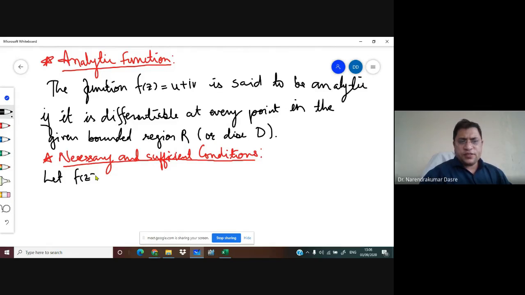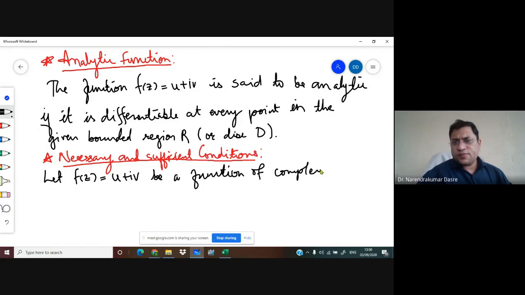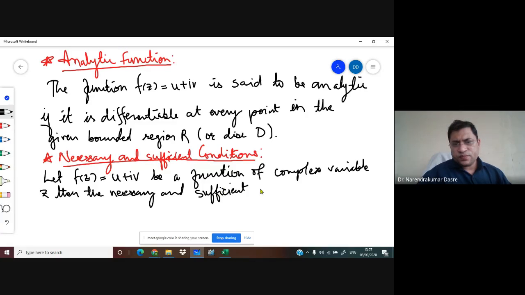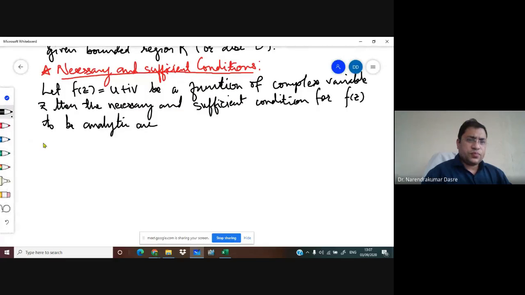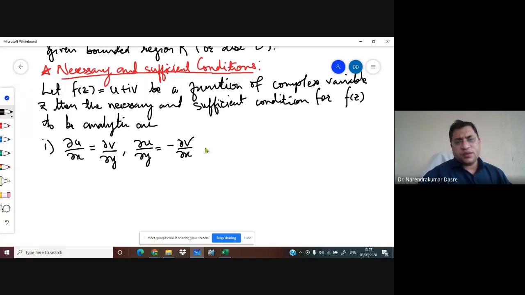Let f of z is equal to u plus iv be a function of complex variable z, then the necessary and sufficient conditions for f of z to be analytic are, the first condition, ∂u/∂x is equal to ∂v/∂y, and ∂u/∂y is equal to minus ∂v/∂x.